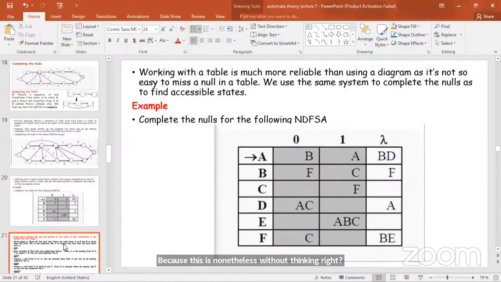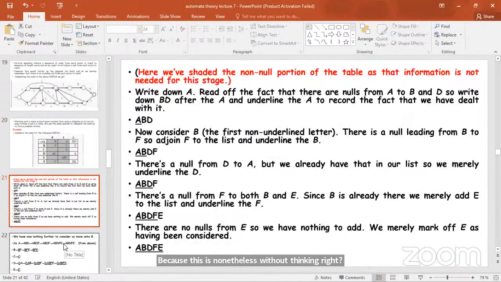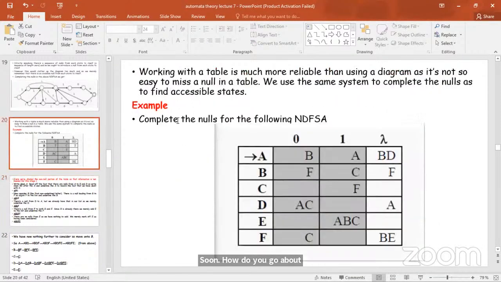So how do you go about completing the null? Say, complete the nulls for the following NFA. This is the table we have been given.